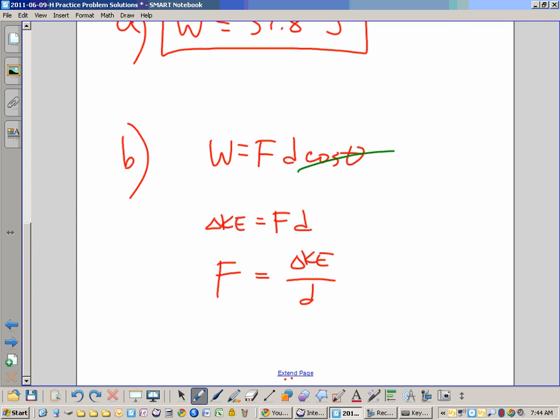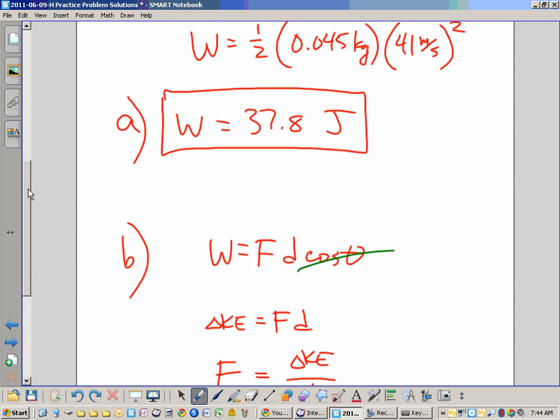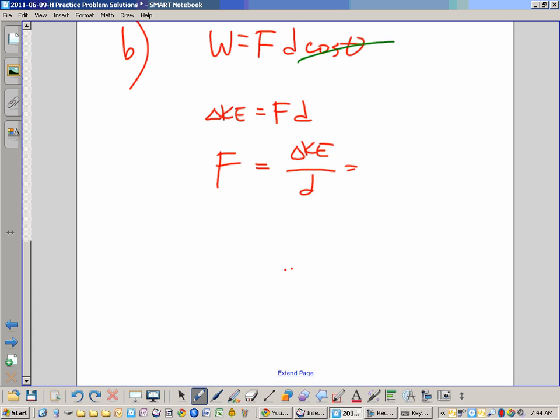We had that the change in kinetic energy was 37.8 joules divided by the distance, 0.010 meters. That's 3 sig figs, isn't it? So that means we're multiplying by 100, dividing by 1/100.